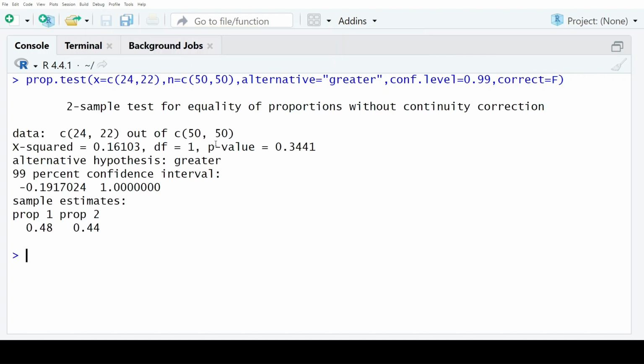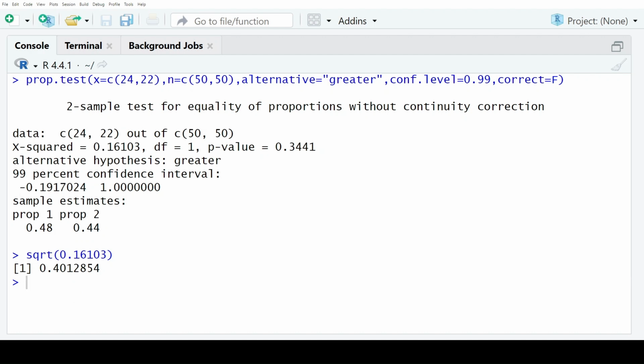We get that our test statistic would be the square root of the 0.16103, or the 0.4. And again, I don't want to forget, like I did in example 1, I'm going to look at prop 1 minus prop 2. Well, 0.48 minus 0.44 is positive, so that should be a positive critical value.